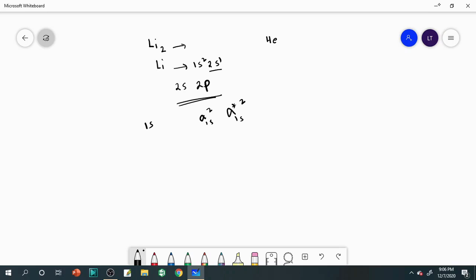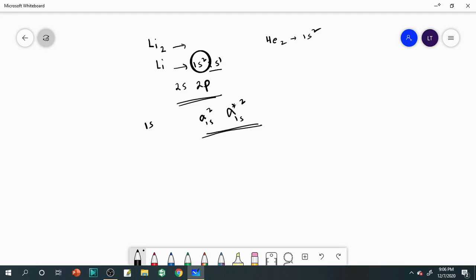You just remember, in helium it was 1s2. So up to the 1s level, we will get the electronic configuration of the molecular orbitals as sigma 1s2 and sigma star 1s2.